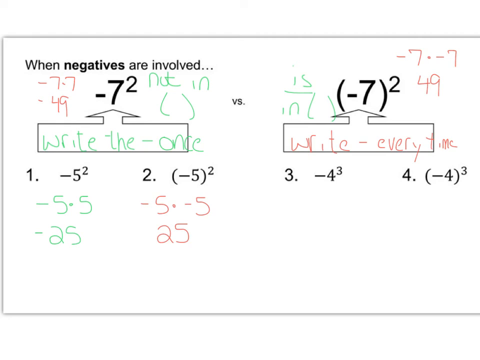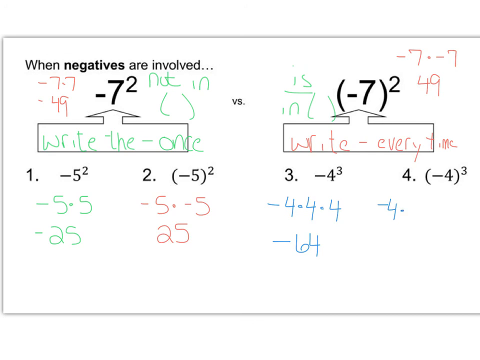Now, let's look at this next one. Number 3, it's a negative 4 cubed, but the negative is not in parentheses, right? There's no parentheses around the negative 4. If it's not in parentheses, I write the negative one time. So this is going to be negative 4 times 4 times 4. You can do that in your calculator, or you may already know that, and that's going to be negative 64. But number 4, notice the negative is in parentheses, so you write it every time.